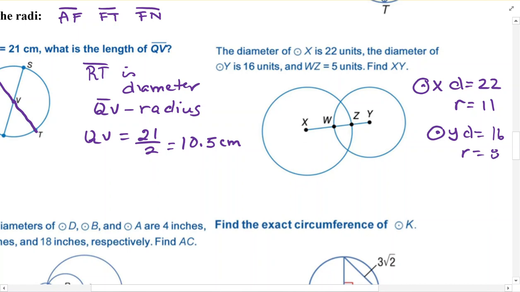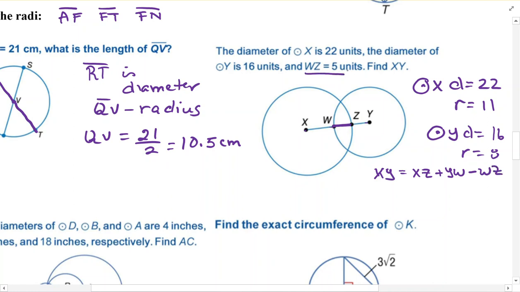So if we want to look at the length of XY, it would be the radius of X, which is XZ, plus the radius of Y, which is YW, minus the overlap here, which is WZ.